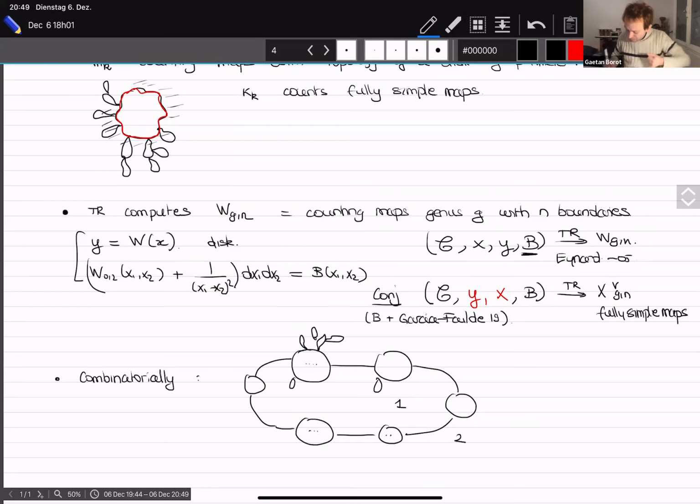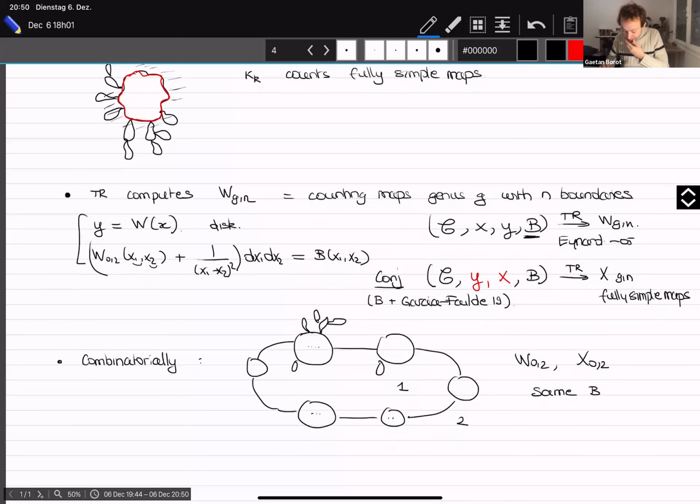When you express combinatorial relations, that gives you a relation between W02 and X02 check, which is exactly telling you that it's the same B. So when you do this shift and you express in terms of the W variable in terms of X, you get the same. So it was good evidence that, at the spectral curve level, the realization of the X and Y exchange is exactly going from maps to fully simple maps.